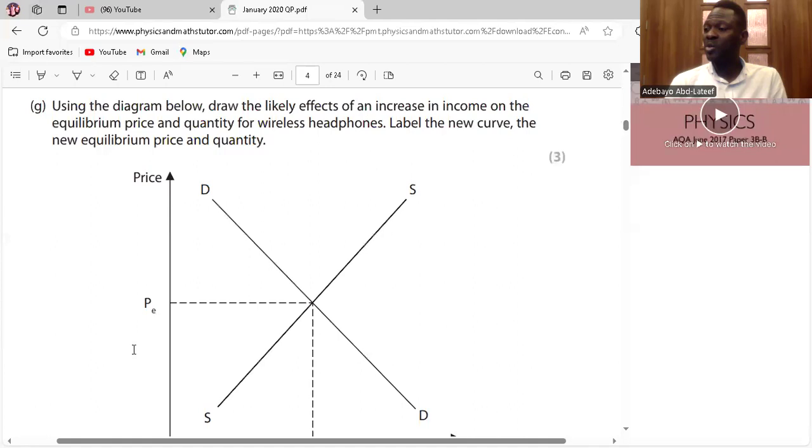So if income increases, the quantity demanded will increase, so the demand curve will shift rightward from D to D1, moving the equilibrium quantity from QE to QE1. There will be a movement along the supply curve, meaning that the new equilibrium price will be at PE1. So the equilibrium price will increase and the quantity will increase. I think it's clear.